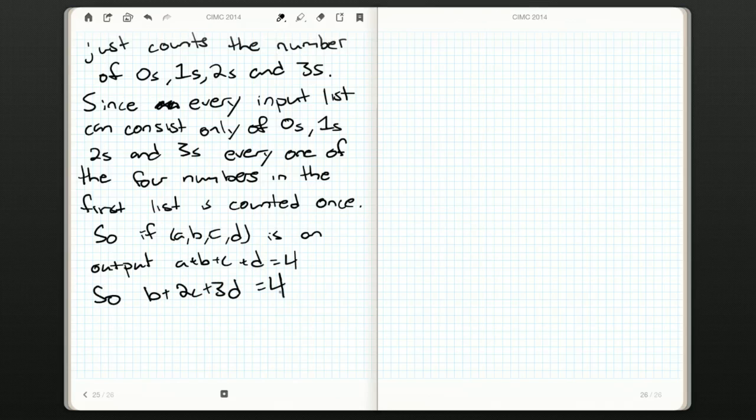So B plus 2C plus 3D, which we already said was equal to A plus B plus C plus D, must also be equal to 4, because we know A plus B plus C plus D is equal to 4. Alright, and that was what question B asked us for.